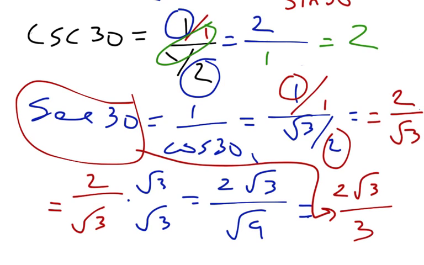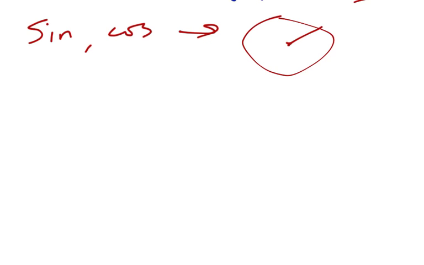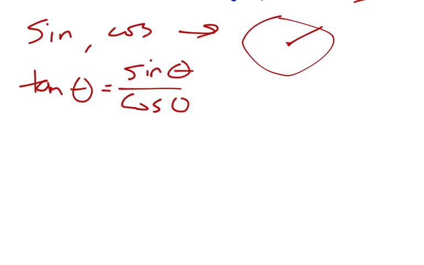And that will be your secant of 30. Okay? So, to recap, you have sine and cosine straight from the unit circle. Then to find tangent of whatever angle, it will be sine of that angle over cosine of that angle. Make sure there are no radicals.